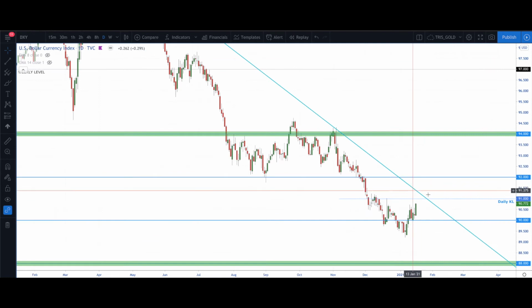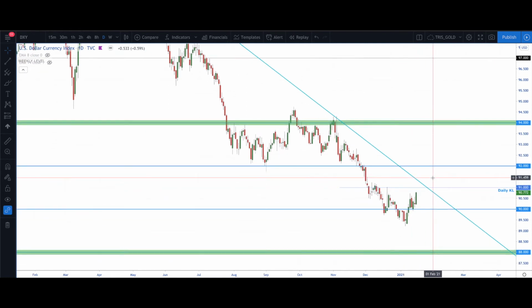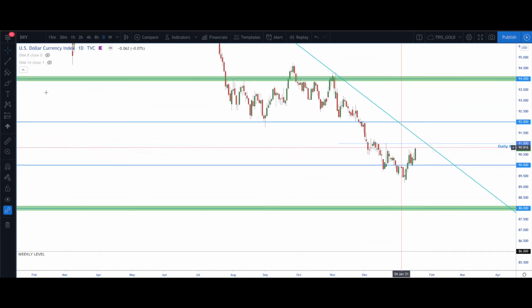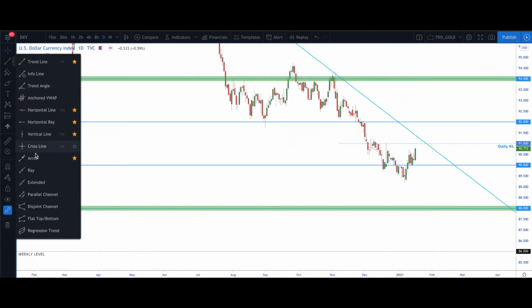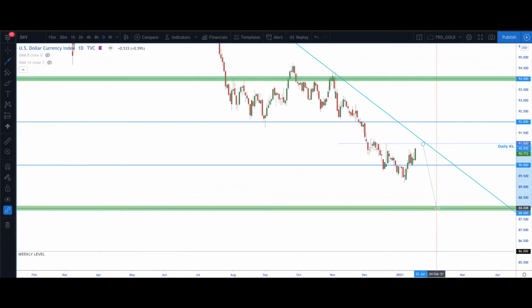So let's see how this reacts on Monday, Tuesday this week, whether dollar index is going to have enough bullish strength to push through above 91 and above this trend line to keep moving up, or are we going to find resistance again and then make another leg down like that. So that's very important.